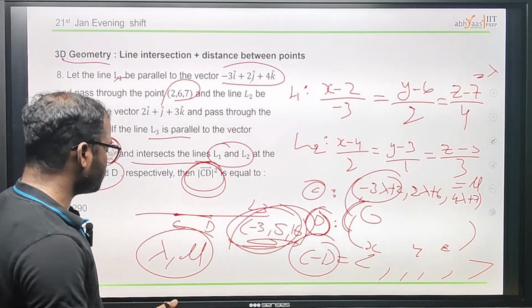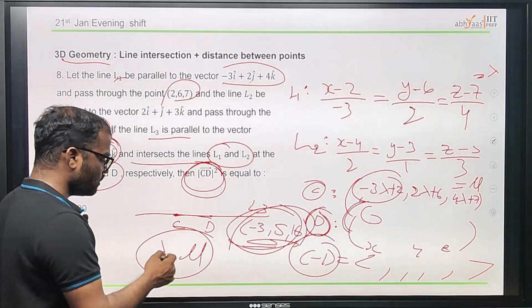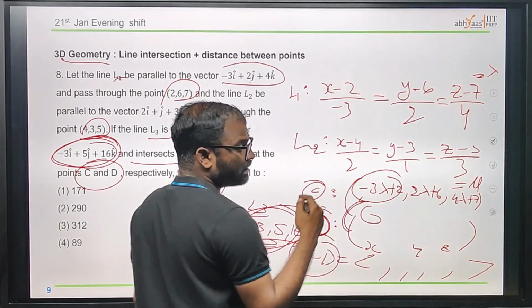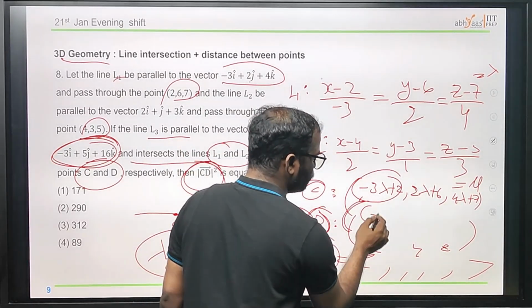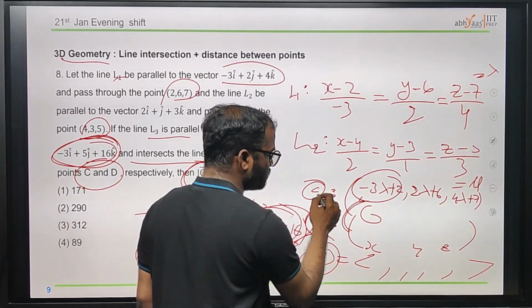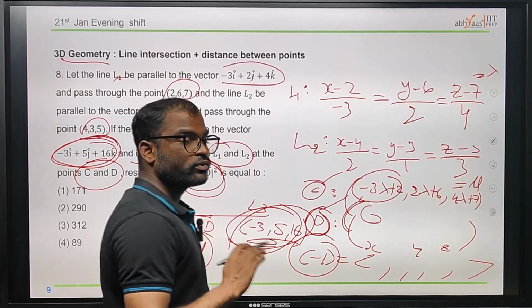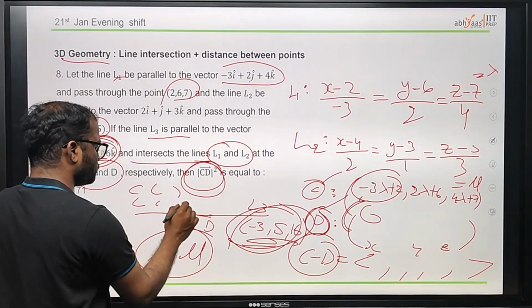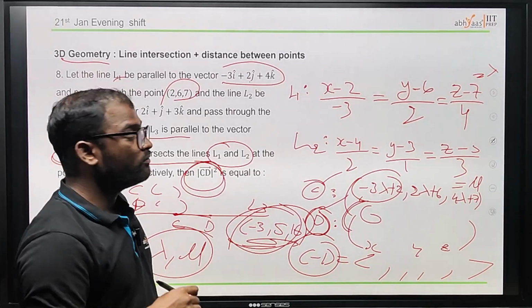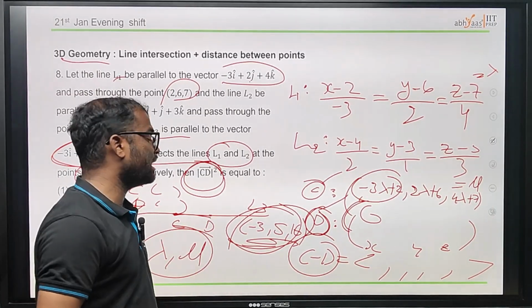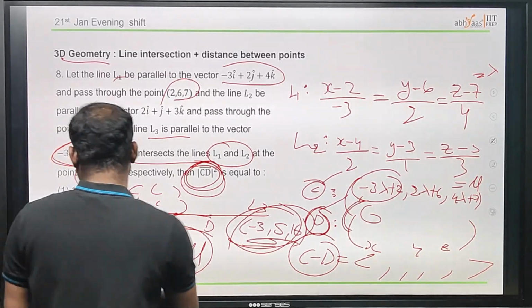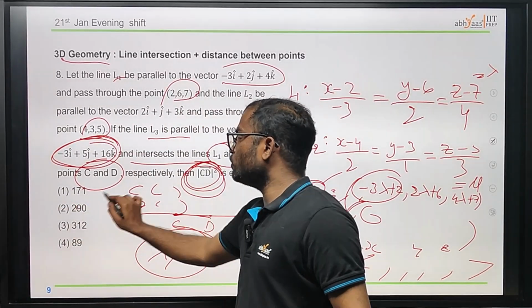By solving those 2, we find the lambda and mu values. Then substitute lambda and mu in C and D, and we have the C and D points. After that we use the magnitude or distance formula, and therefore we get the answer as 290.